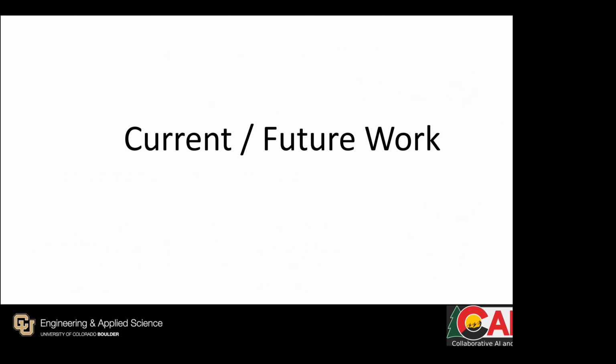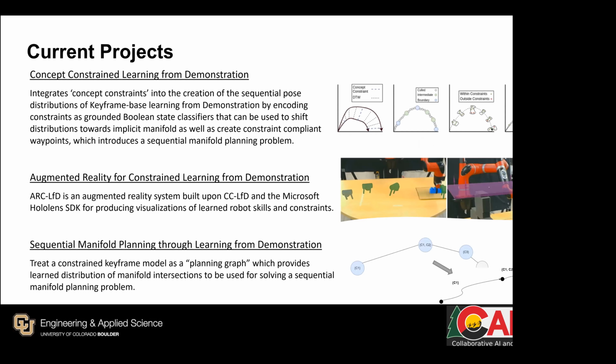I'm pretty over time here, I apologize, so I'll just very quickly touch on my current and future work. My first paper introduced an algorithm called concept constrained learning from demonstration.